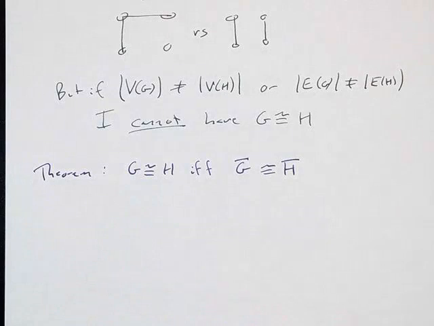This is the problem. We have to be able to get our. So if there was whatever number of vertices in G, the complement has the same number of vertices. G complement means the edges that G doesn't have.